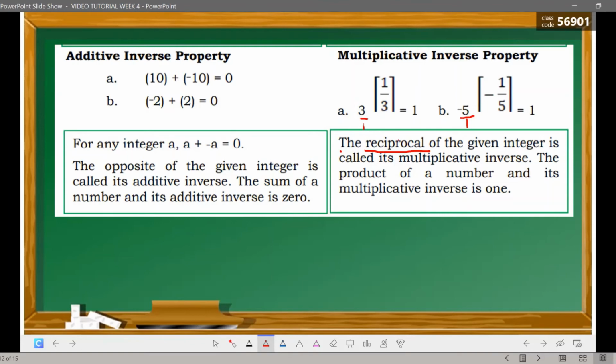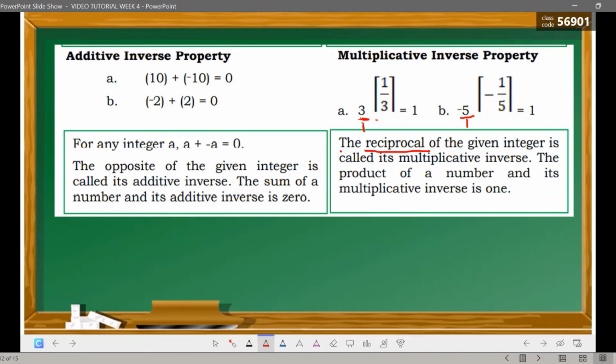Invisible yan. Okay? Kasi di ba pag ibig sabihin ng division ay ng bar na to sa fraction, that is division. 3 divided by 1 is equal to 3. Diba? So yan. That's why the reciprocal of this whole number, of this 3, is 1/3. Binaliktad natin.